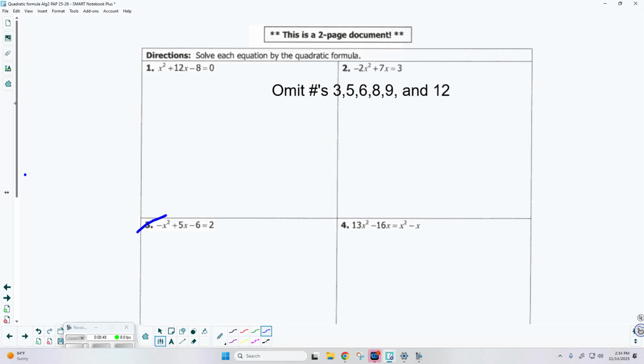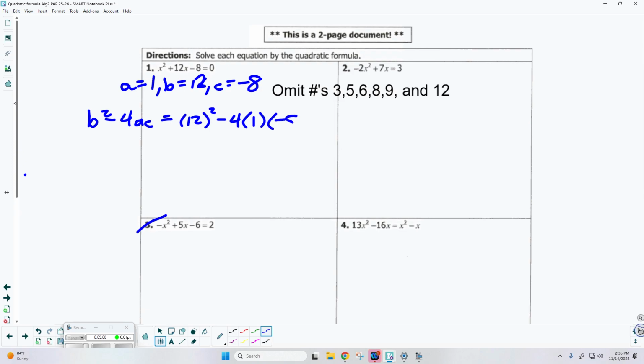What's a? a is 1, b is 12, and c is negative 8. So we're going to find that discriminant first, b squared minus 4ac. So that would be 12 squared minus 4 times a times c. All right, well, 12 squared, 144.